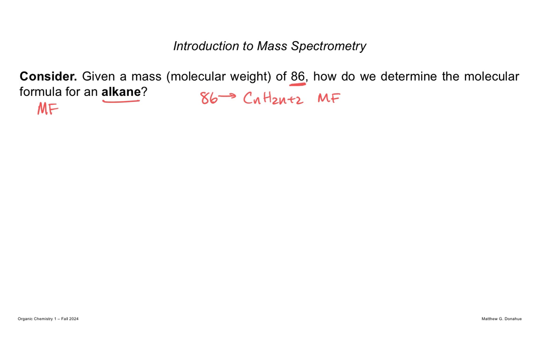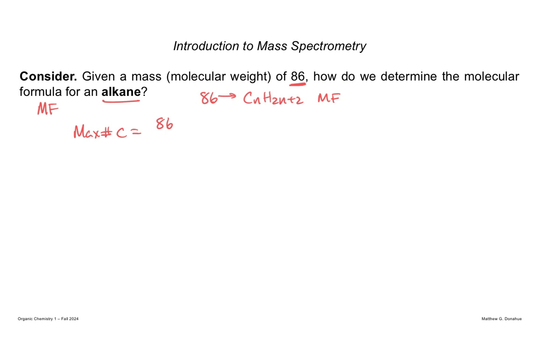Within that number 86 are all of the carbons and hydrogens for an alkane. To get started, we can ask, what is the max number of carbon atoms? You'll see this is an iterative process. We're not going to get it right on the first go-round.